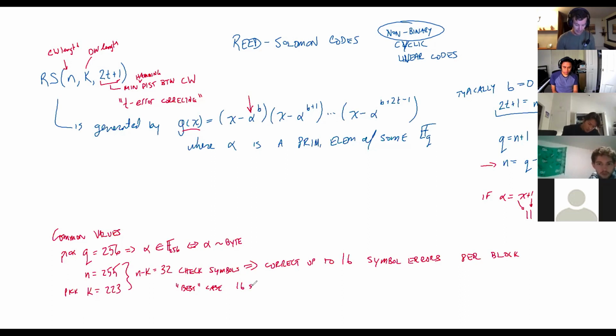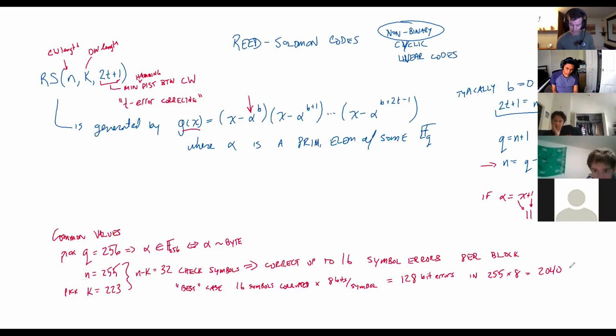So 16 symbols corrupted times 8 bits per symbol means that we can potentially correct 128 bit errors in, well, 255 symbols times 8 bits per symbol, a block of length 2040. Which is pretty good, right?